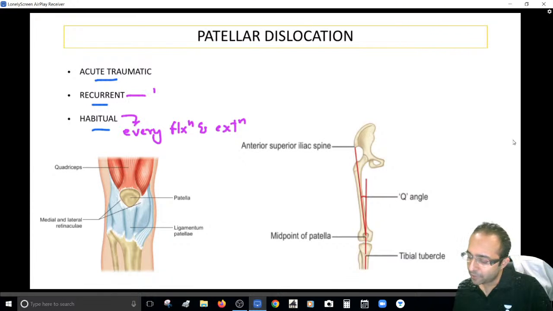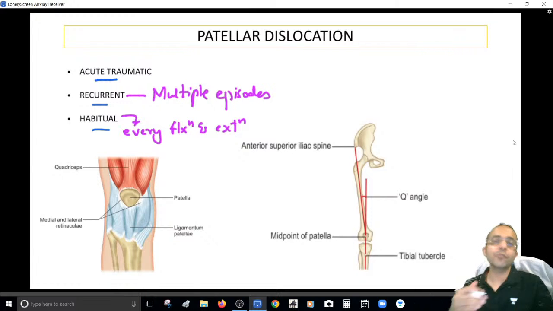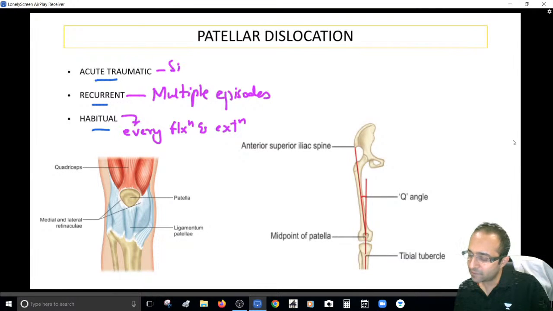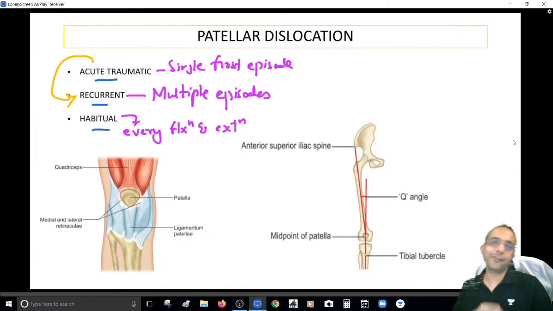The recurrent is a dislocation where you have simply had multiple episodes but at different intervals of time, after 3 months, 6 months, 1 year, something like that. And acute traumatic is that single first episode.